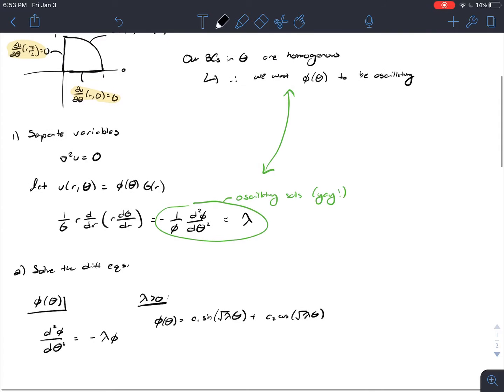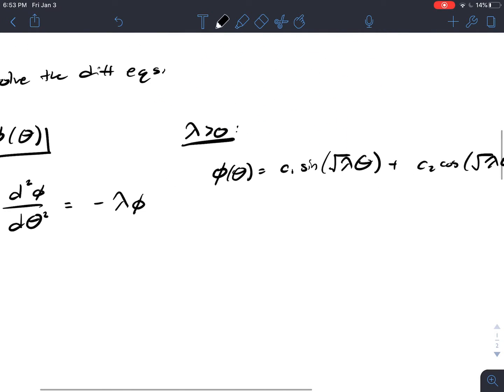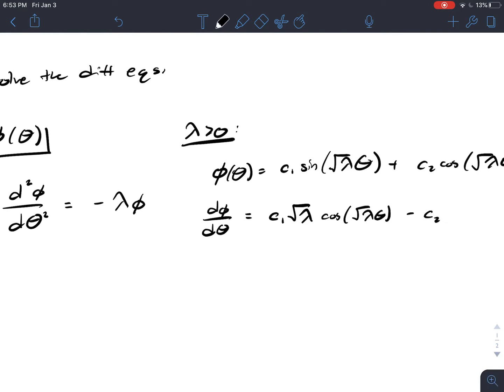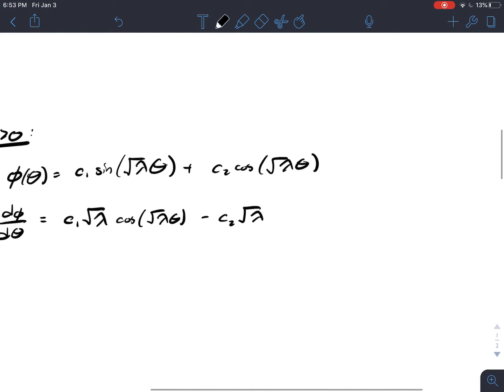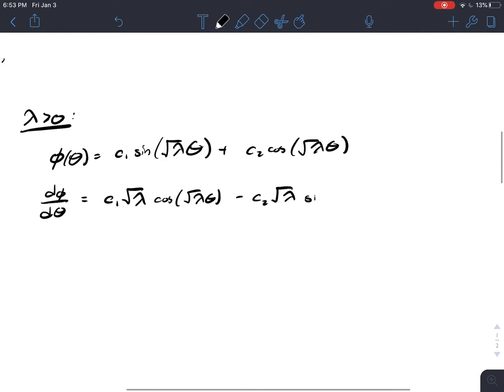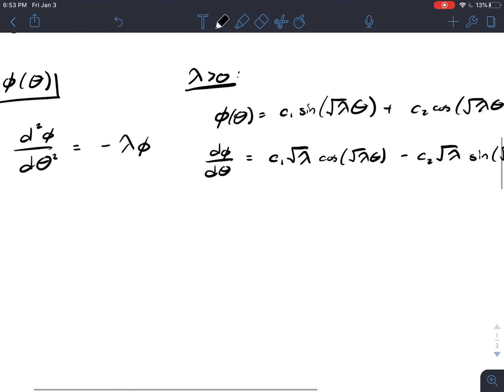Our boundary condition tells us to evaluate its derivative at 0 and pi over 2. If we take the first derivative of this function, we find that we get c1 square root lambda cosine square root lambda theta minus c2 square root lambda sine square root lambda theta.